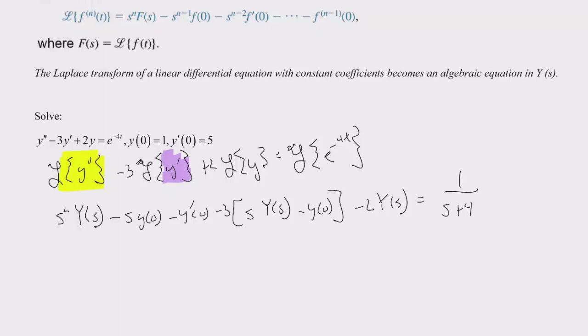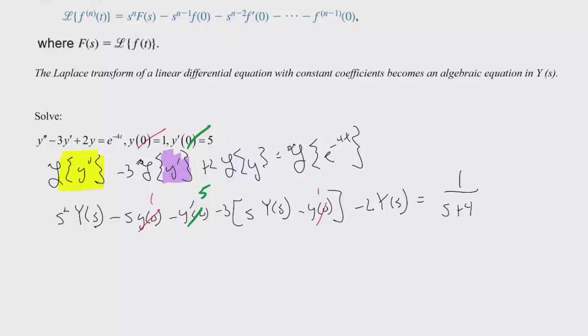Now, this is the part that I love about Laplace transforms, because we can now take into account our initial conditions. So we have y of 0 right here. I can replace that with a 1. So y of 0 is 1, so I'll put a 1 there. And then the derivative, so that guy right there, I can replace that with a 5.